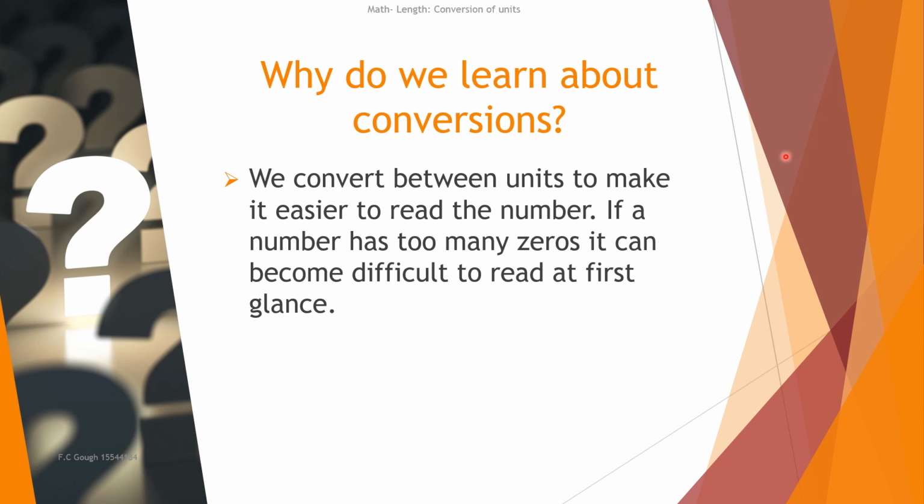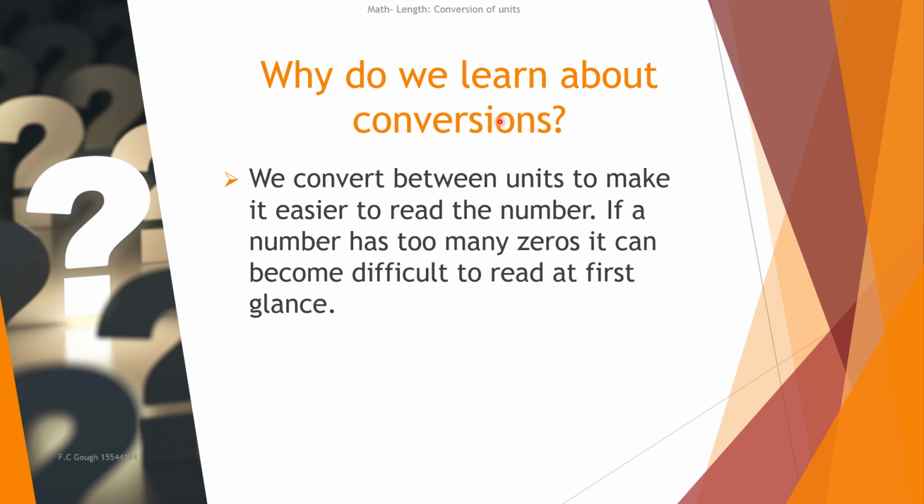Okay, I see everyone did very well with doing their own problems in the groups. So we are carrying on. Why do we learn about conversions? I'm sure some of you think that this is something you would never ever use. But we convert between units to make it easier to read the number. Remember just now when I accidentally said 9,000 instead of 900,000?